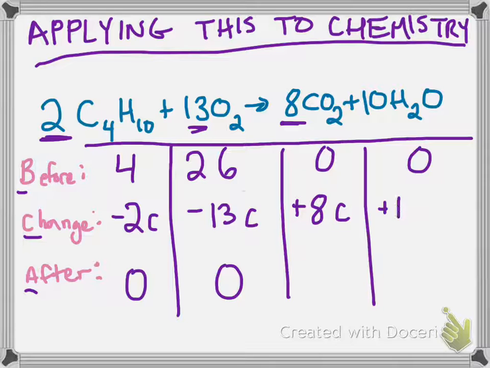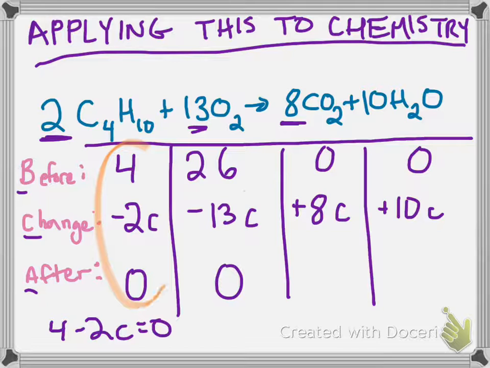And my second one will be positive 10C. So I know that 4 minus 2C equals 0. I get that from right here. So 4 minus 2C equals 0. Well, in this case, then 4 would have to equal 2C, so C would equal 2. So my change is 2.